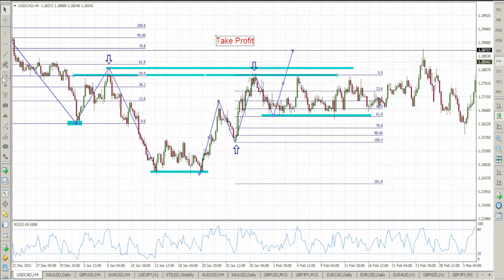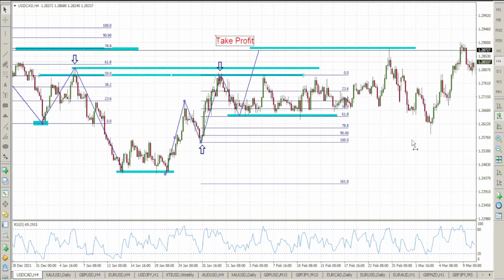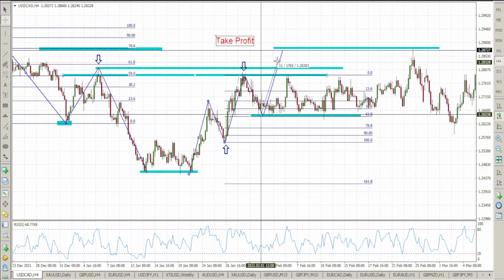See, have a look at it right here, 78.6, and right here, the A, B, C and D pattern. Also 1, 2 and 3, the three drives pattern, though this one took a little bit more time, but still it acted as a nice zone, and without any drawdown it gave almost 218 pips.